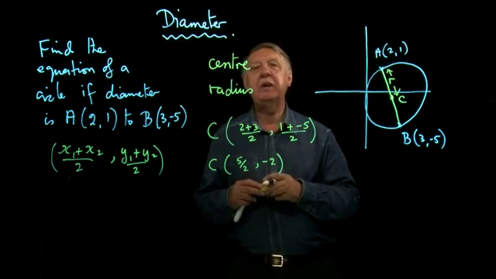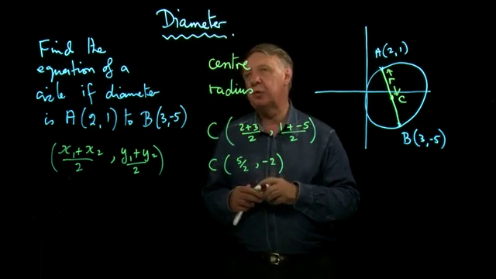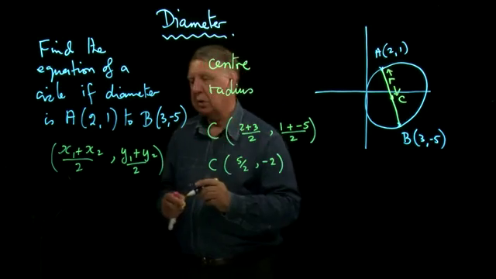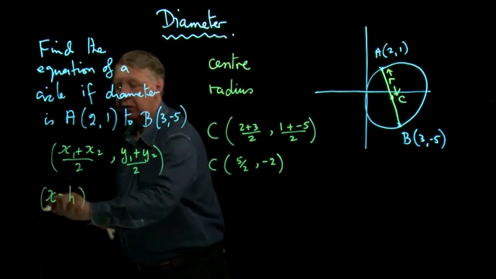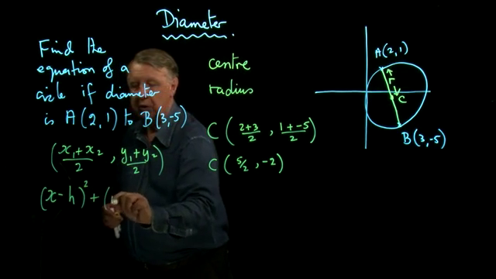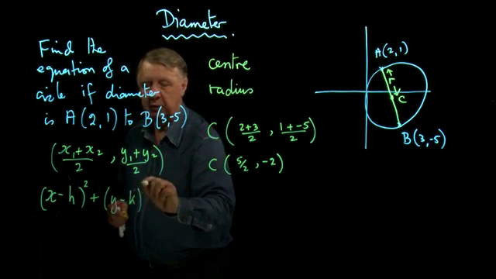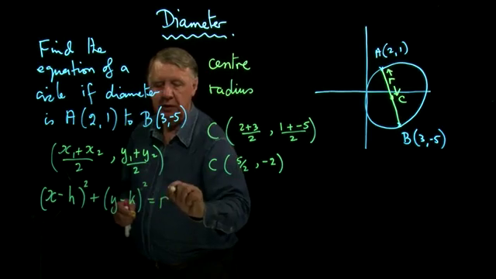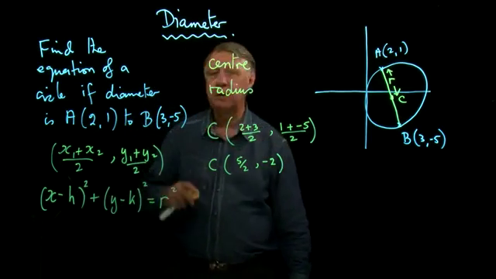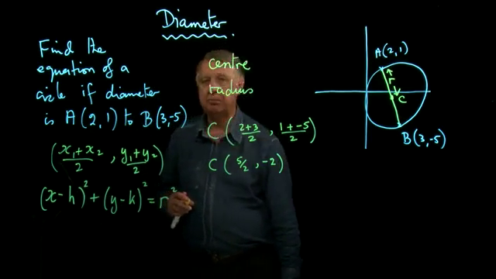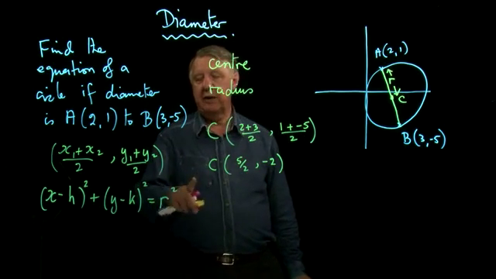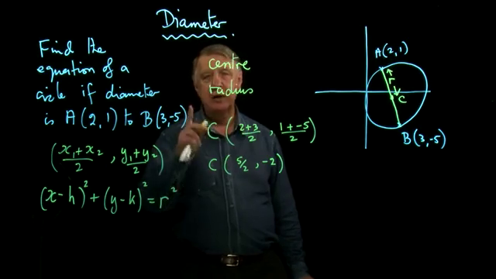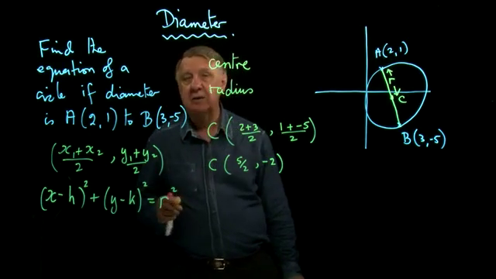Now, we can be a little bit clever, because if you remember the formula for the equation of a circle, it's (x minus h) squared plus (y minus k) squared equals r squared, where h and k are the coordinates of the centre and r is the radius. And the important thing is that in this formula we actually only need r squared.